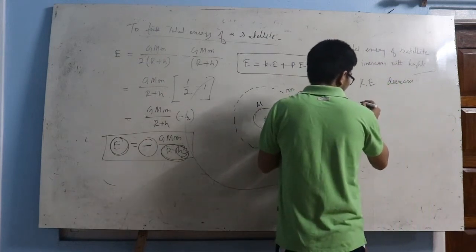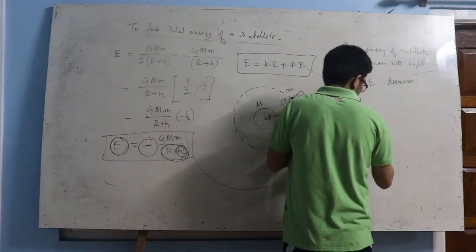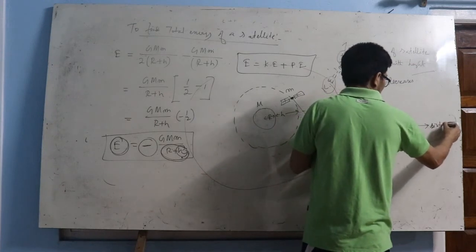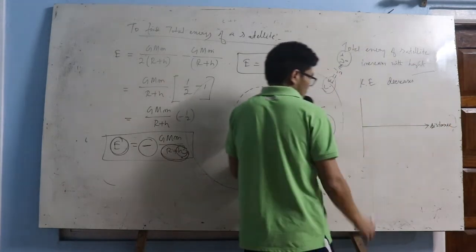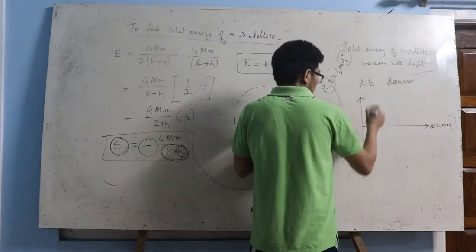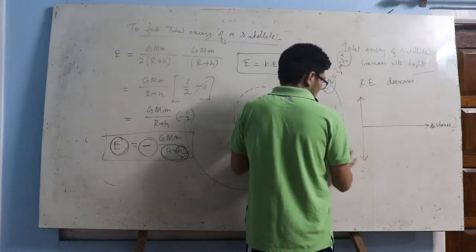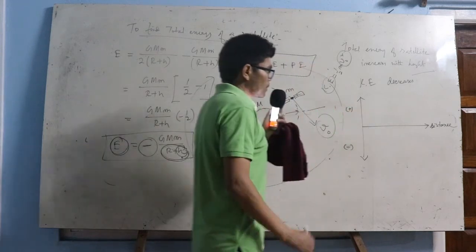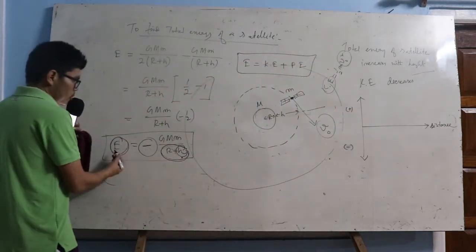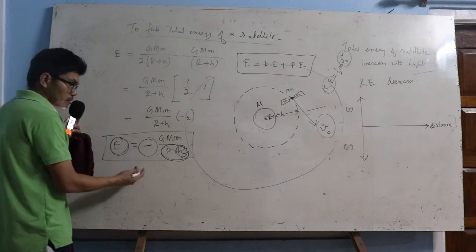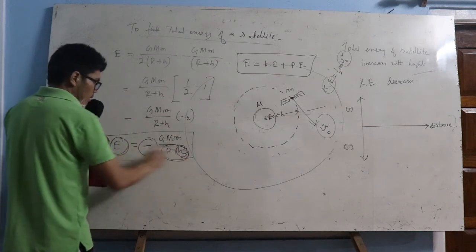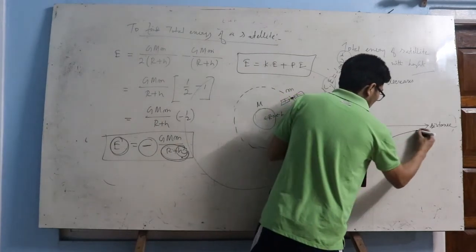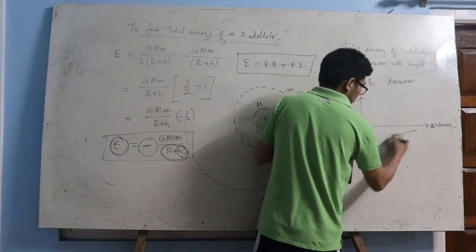That's why we can plot a graph here. So this is the distance. This is the negative axis here. This is the positive axis. So now from this equation of total energy, when the distance increases, energy increases. That's why the shape of the total energy graph should be like this. Why?